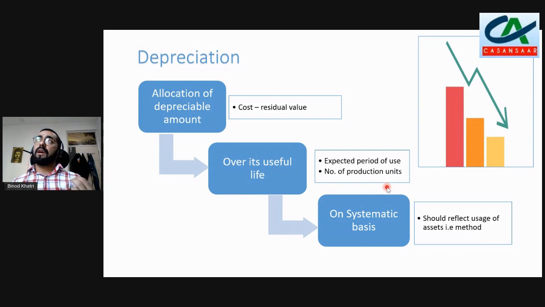So that means we have already used that asset for 20%. 50,000 is total capacity of that asset, and we have already produced 10,000 units. That means we need to charge depreciation of 20% for the first year, and in the second year we need to calculate the production units, and then we can charge the depreciation. So depreciation method should be systematic, which should reflect the uses of asset. Uses of asset means how we are using or utilizing that asset. Accordingly, we can charge that depreciation in the financial statement.